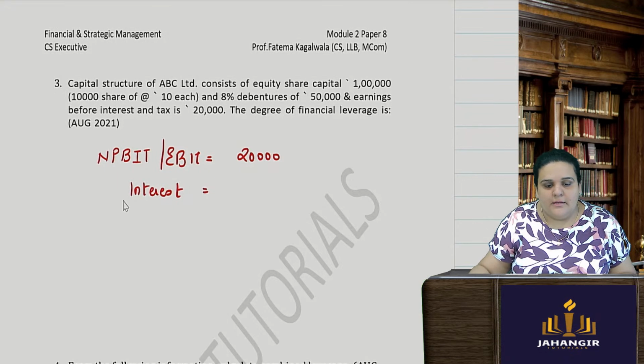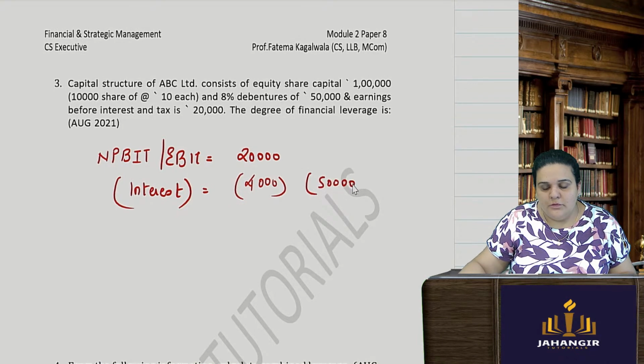So I'm starting my income statement from here on. Okay. Interest is 8% of 50,000. So it is going to be here. You have to just find this. This will be 4,000. How did I get this? 50,000 into 8%. This is the debenture interest rate.